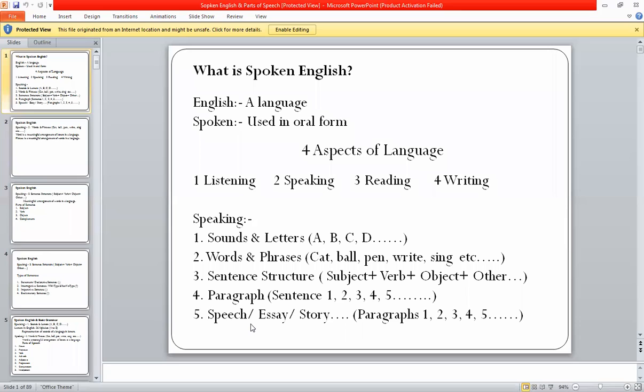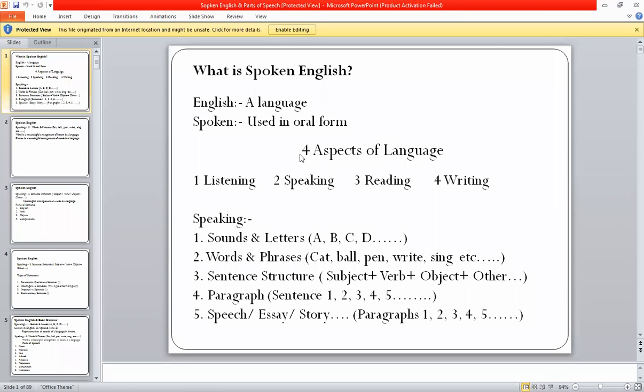Okay, so from last 10 to 15 minutes, what we are discussing, so we are discussing about the spoken English language. Okay, so any language or English language that when we use in oral form is called as the spoken English.